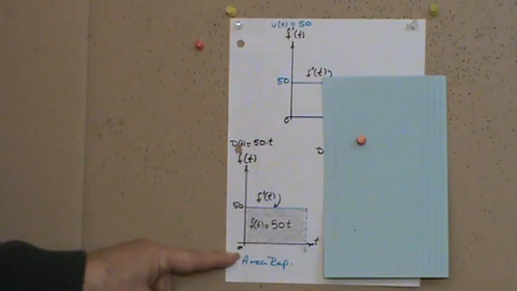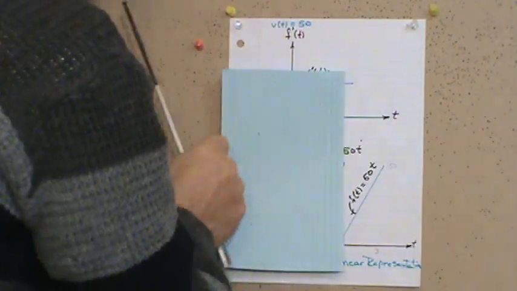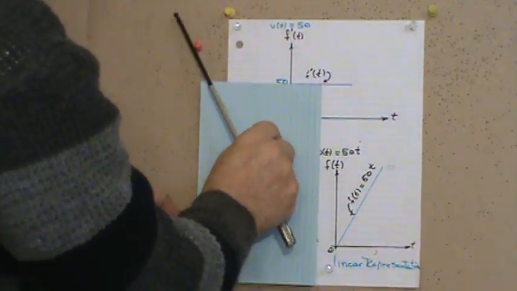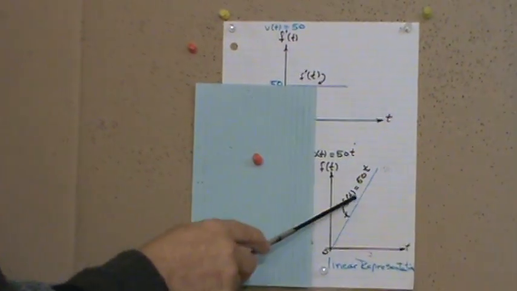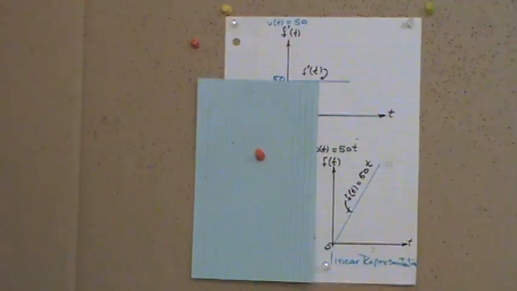Now look what happens. 50t, you can also consider that to be this function, which is what? Which is linear. That is the graph of f of t equals 50t.